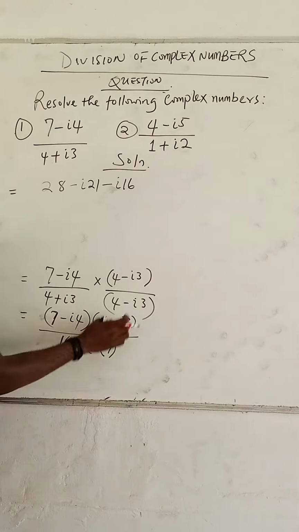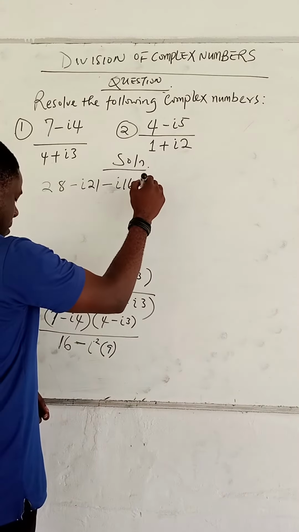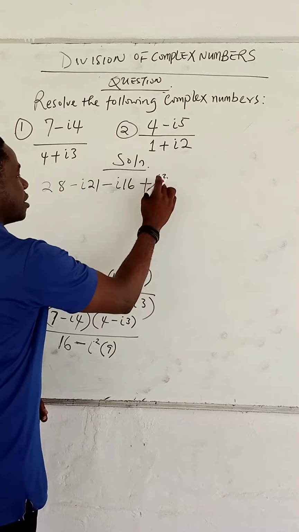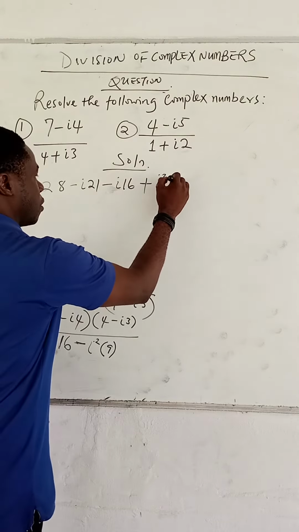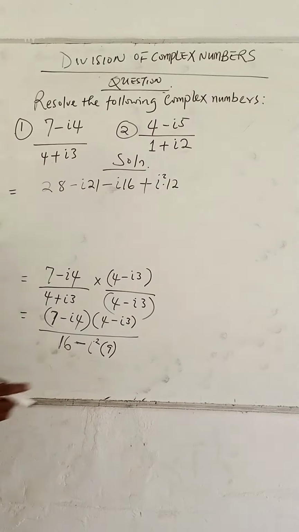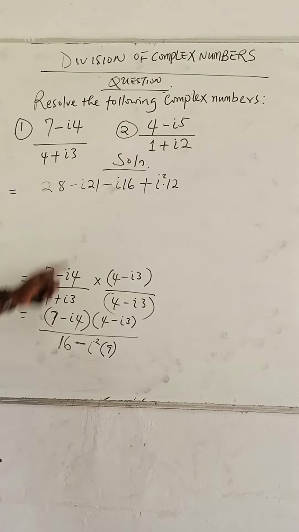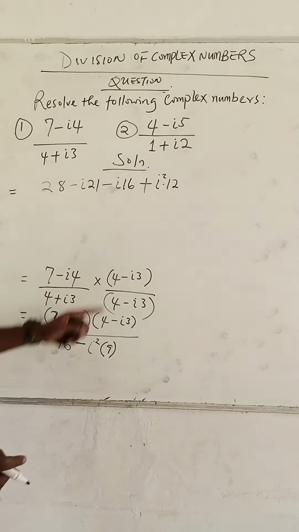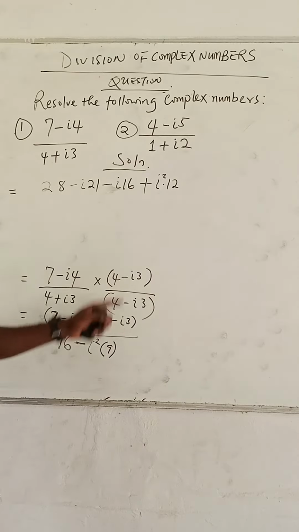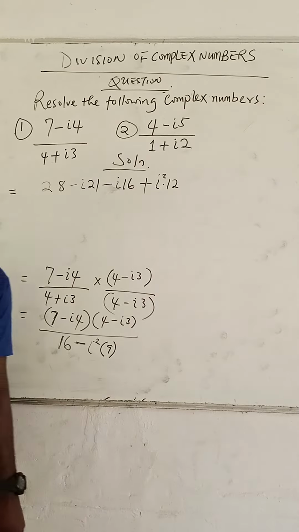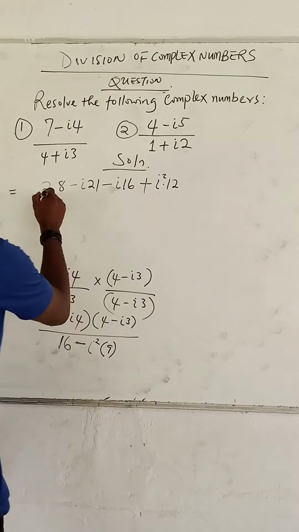Minus I4 times minus I3 is plus I squared 12. This times this, this times this, and this times this is what we have there.